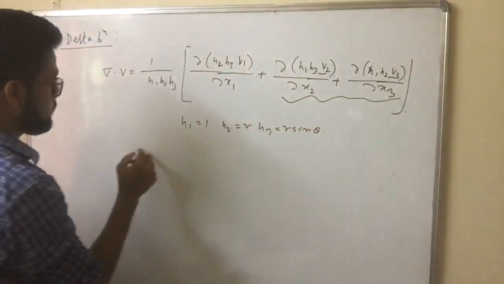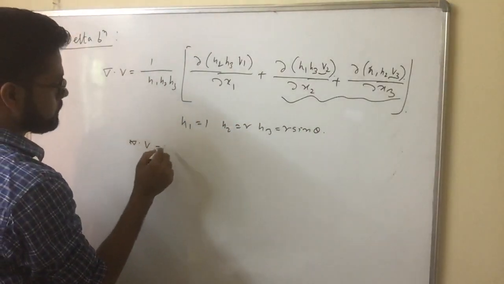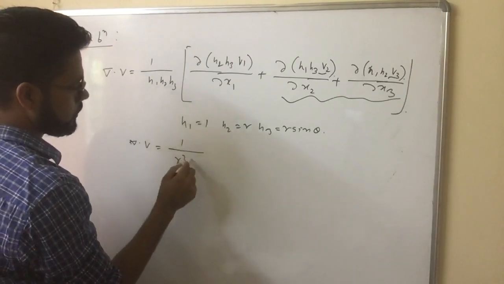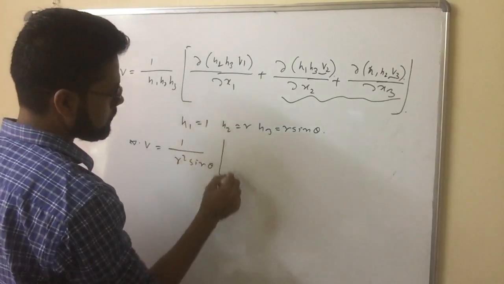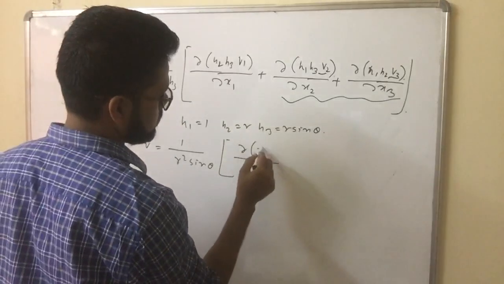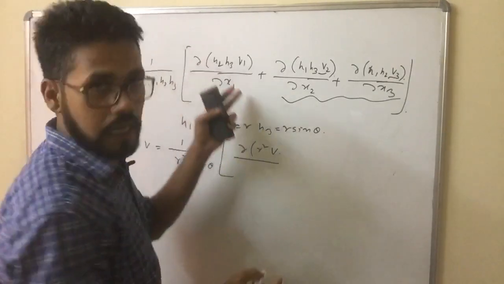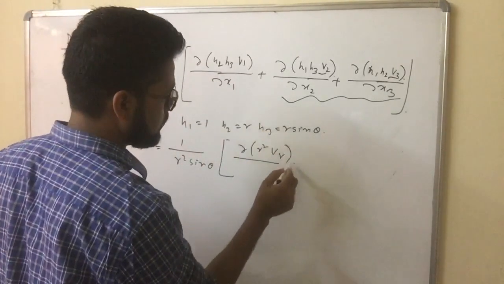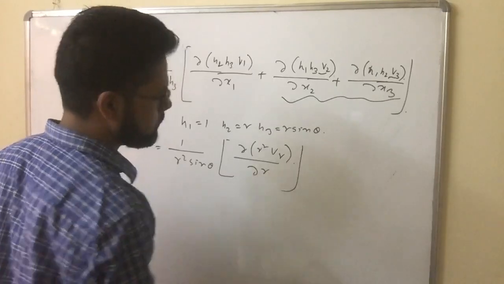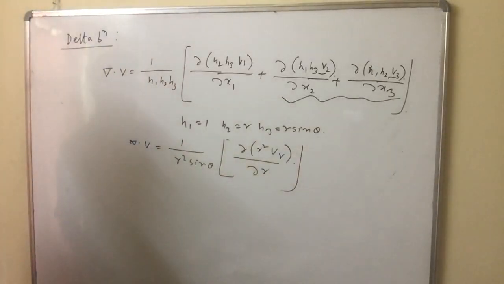If we put these values, then the divergence of V equals 1 by r squared sin theta, d by dr of r squared sin theta V r.